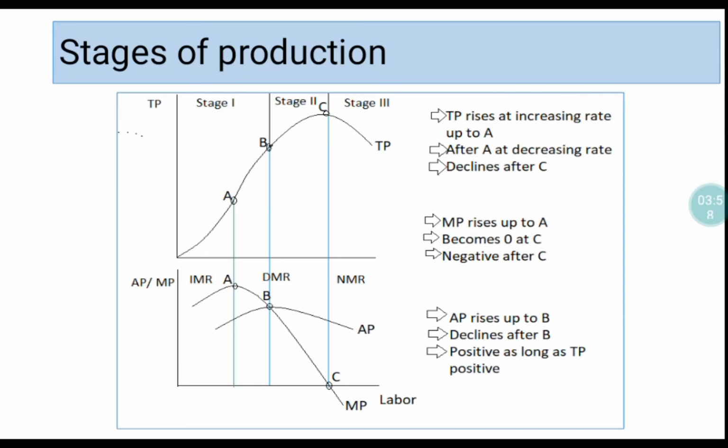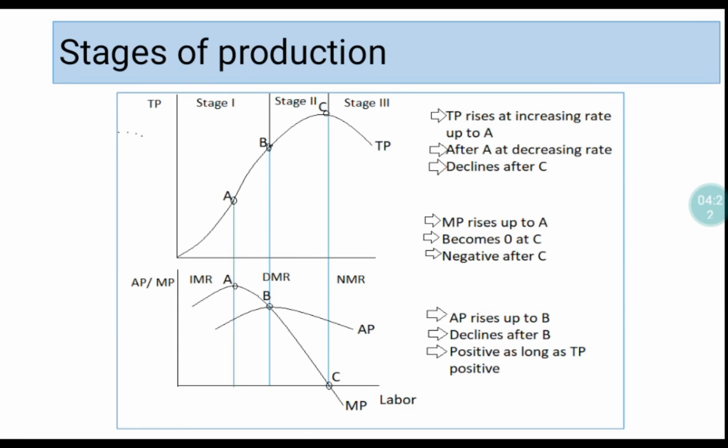Okay? So if you look at the total product curve, you can see that from point 0, that is from the origin up to point A, you have the total product curve rising. Then after A, it starts declining. Okay? It is rising but at a declining rate. Then after C, it just declines.